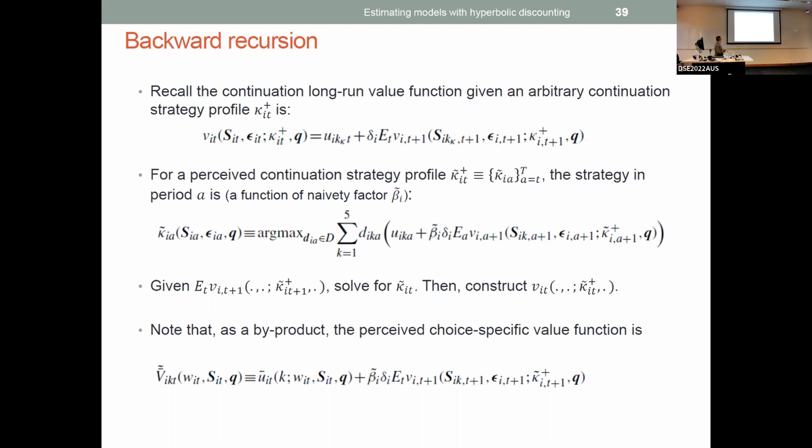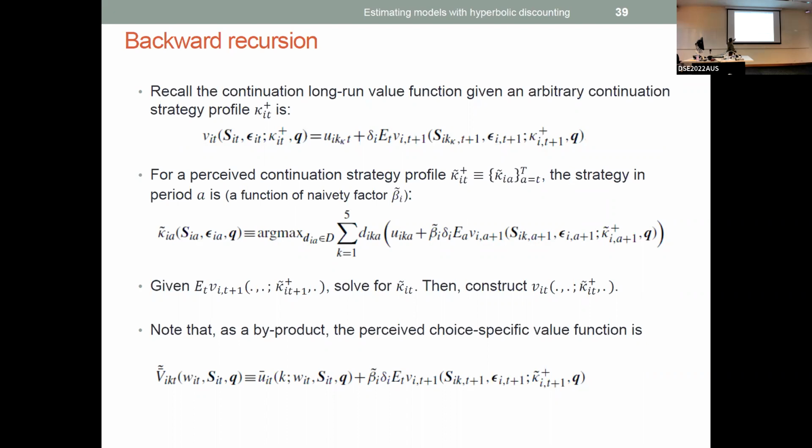And so the backward recursion assumes by induction that the expected V at A plus 1 is known. And then it solves the strategy at period A. Okay, so I think this is cleaner.